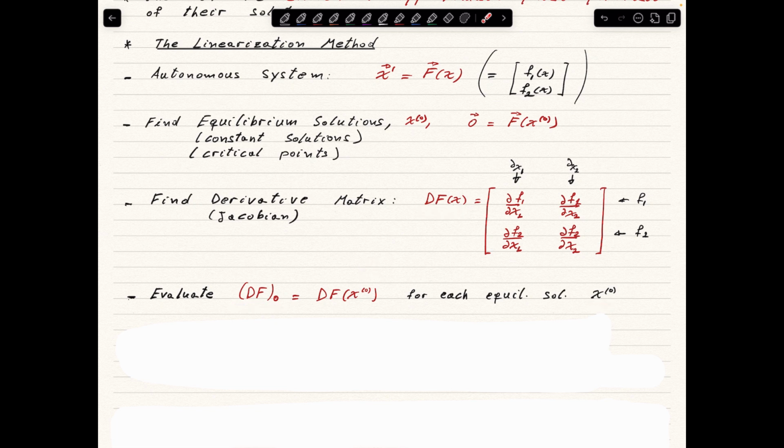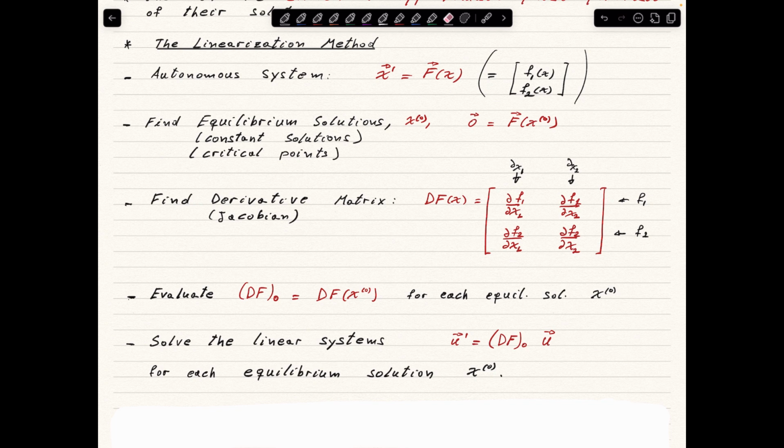With each constant matrix, we can then solve a linear system of equations that has this constant matrix as the coefficient matrix of the system, and then we obtain the solution. So u is going to be the solution of a linear system with coefficient matrix given by the derivative matrix evaluated at the critical point, for each equilibrium solution x0.